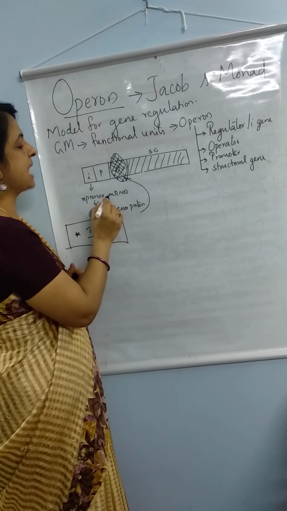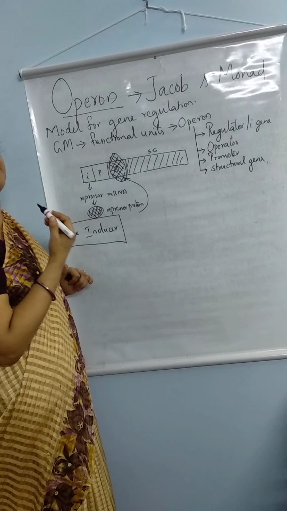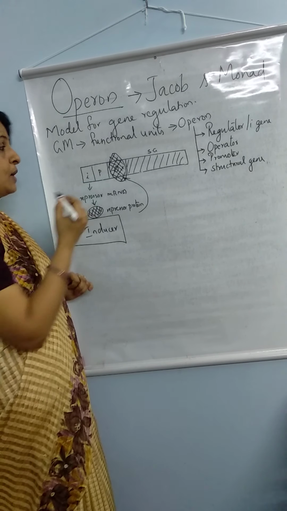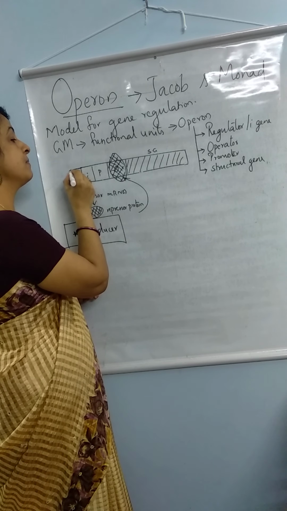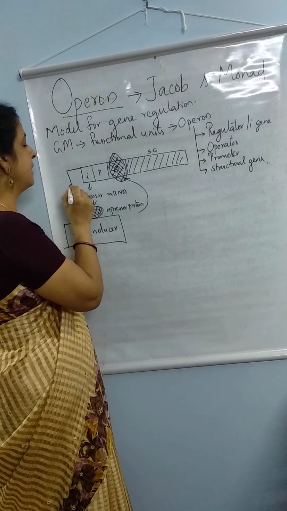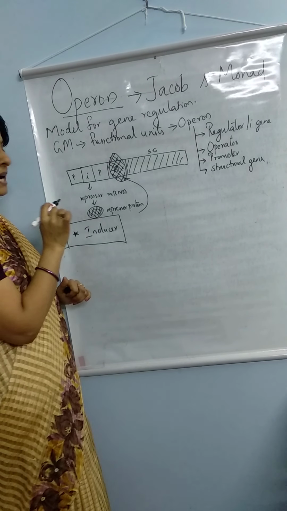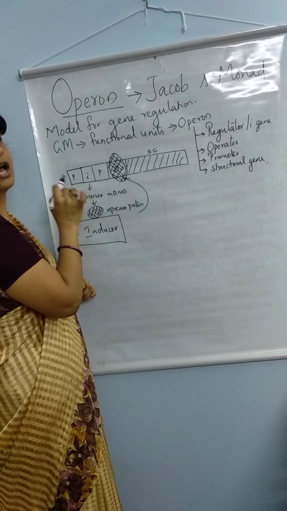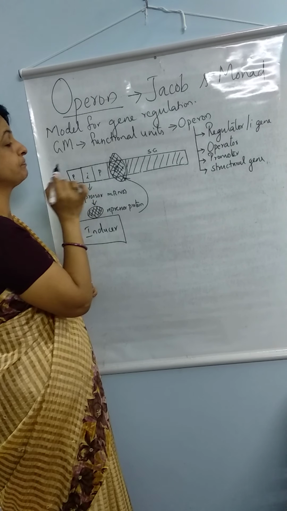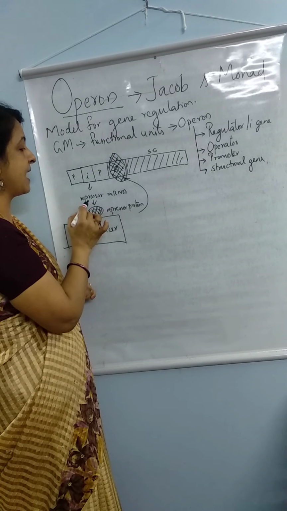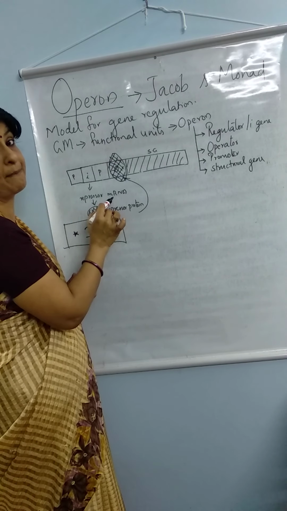For the repressor mRNA, transcription starts first, where RNA polymerase binds. In the diagram, P is the promoter region for binding RNA polymerase, which is needed for transcribing the mRNA, this repressor mRNA.